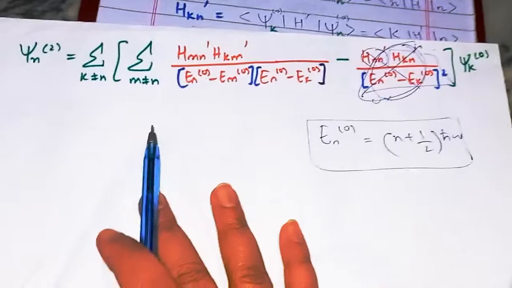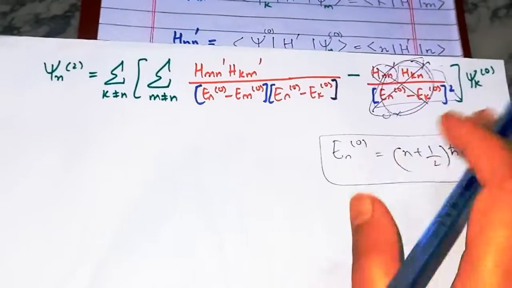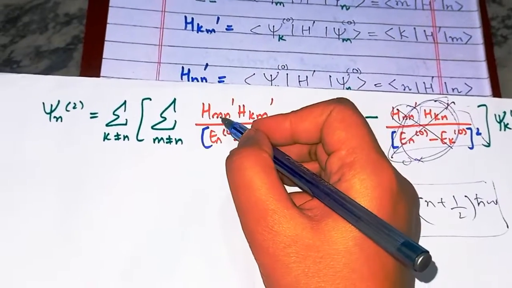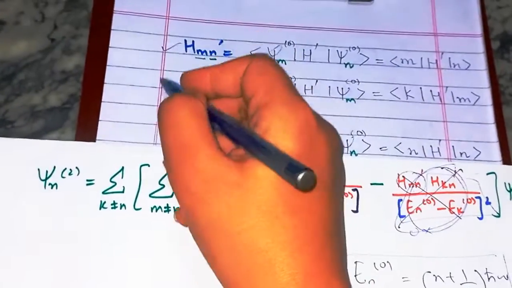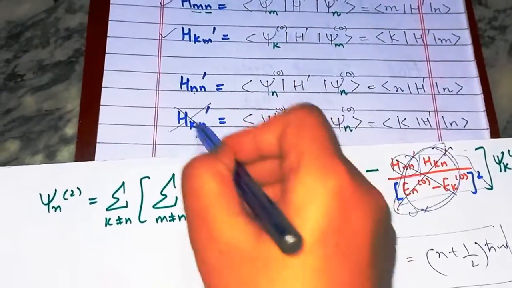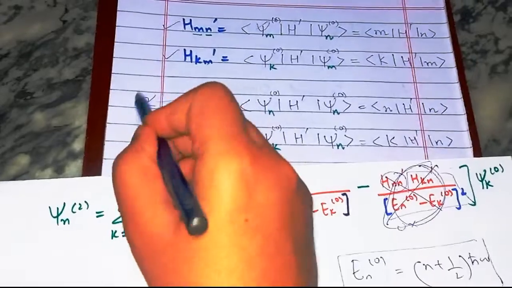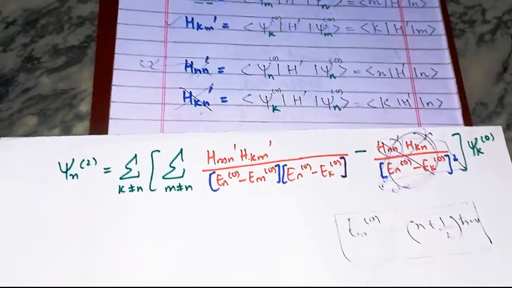And we have a simpler case right now. You can see that we have reduced the number of terms, and now we need to calculate ⟨m|H'|n⟩ and ⟨k|H'|m⟩, these two terms only. We don't need to calculate this one as well because this is 0, it makes the whole quantity 0. So that is a good thing that happened to us.